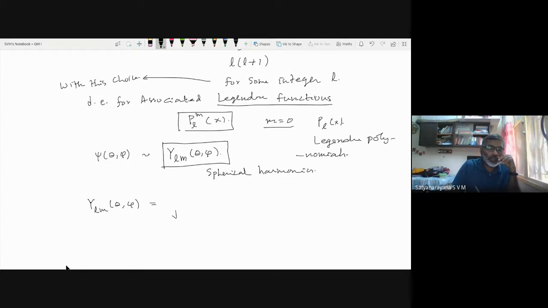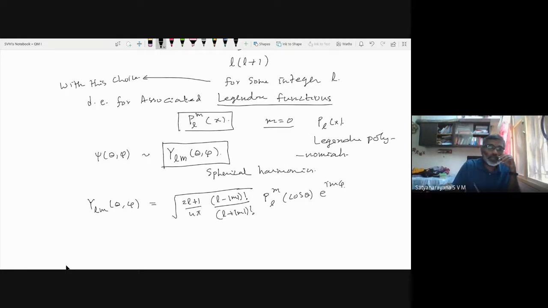It is given by square root of (2L plus 1) by 4 pi into (L minus mod m) factorial divided by (L plus mod m) factorial. This is your constant that comes in between, and PLM of cos theta into e to the power im phi.